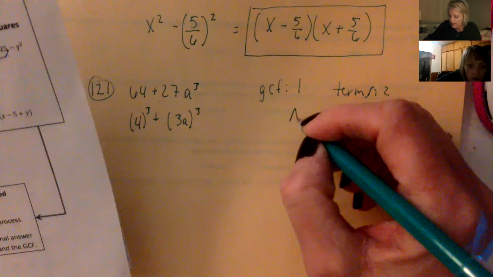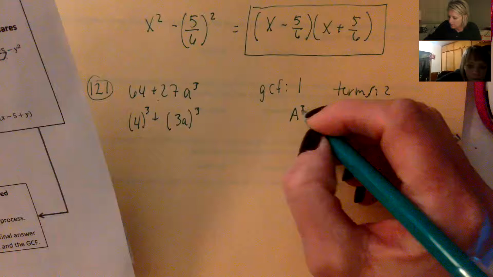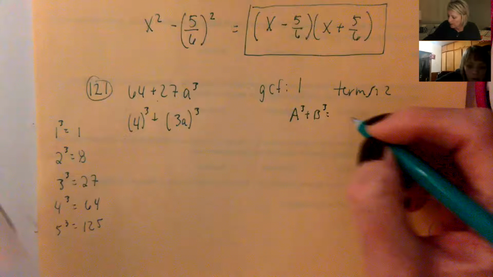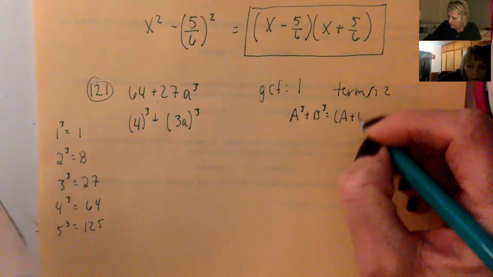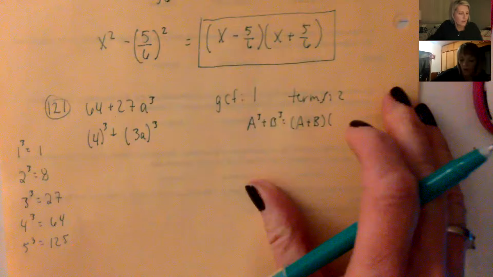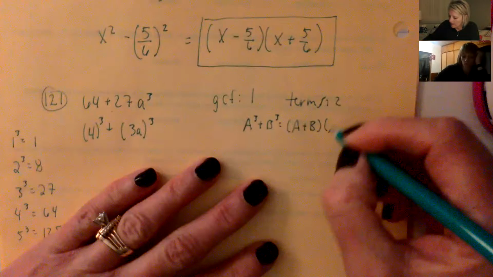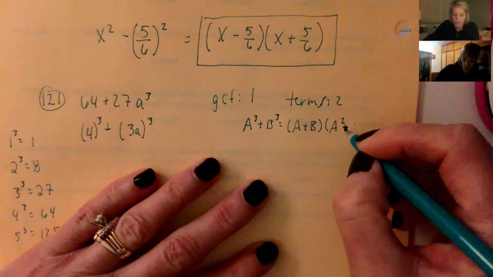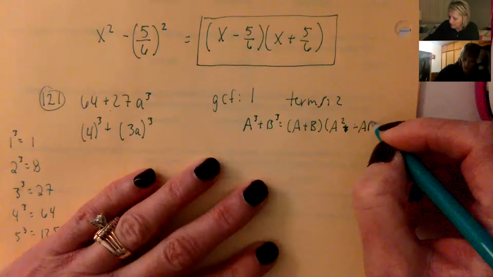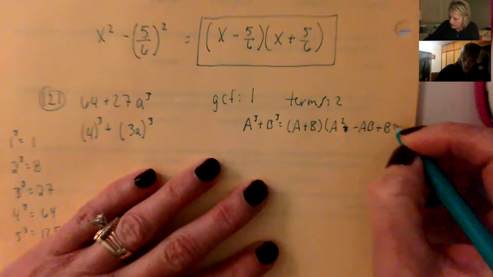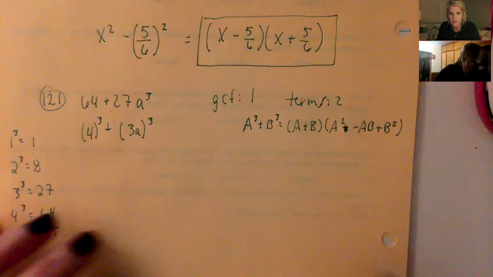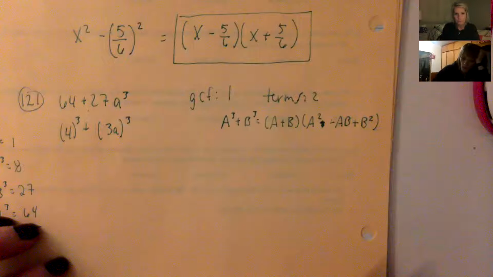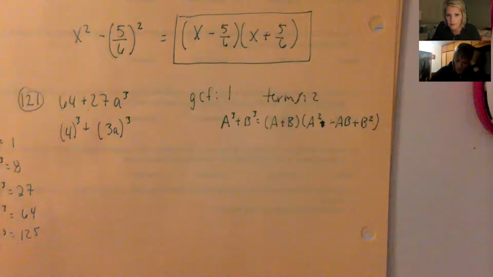The format is a cubed plus b cubed falls into this format: a plus b, and then a squared, whoops, that one's minus, a squared minus a times b plus b squared. I looked down, so it's a subtraction. Okay, so this is the format we're using.